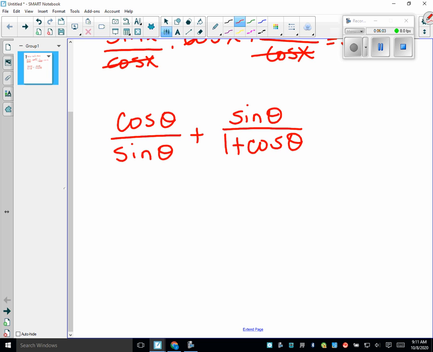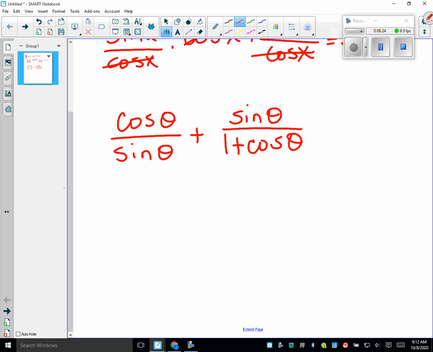First thing I told you to do is see if something will cancel out. It will not. Agree? Second thing, change everything to sine and cosine. It already is. Remember, at the end, I want no fractions.